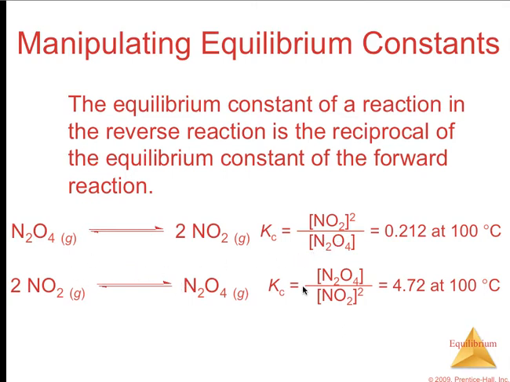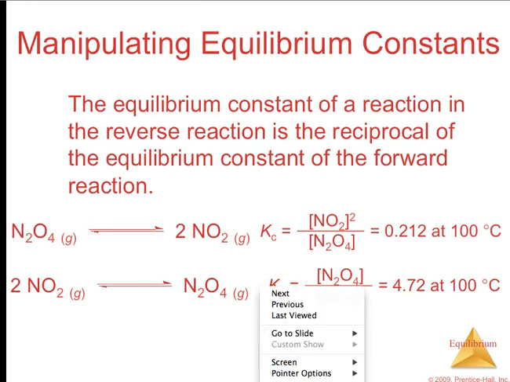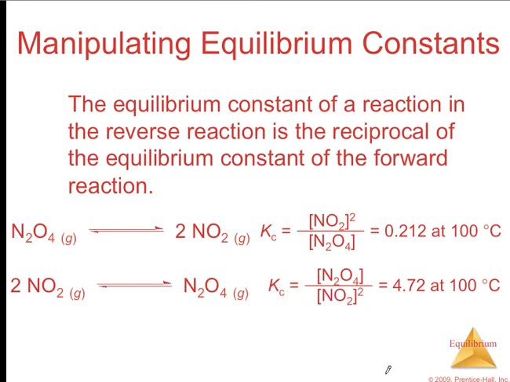If I reverse it, what happens to that Kc? Well, I have the equation. I can write the equilibrium constant. It's going to be the concentration of the products, which is N2O4, over the concentration of the reactants to the power of the stoichiometric coefficient in front of it. So it's NO2 squared. Hopefully you notice that these two expressions are just the inverse of each other.